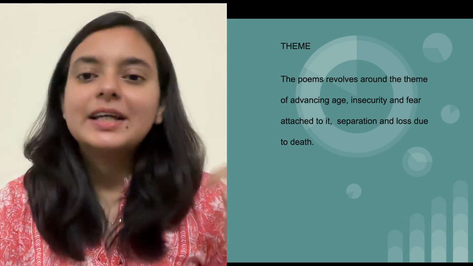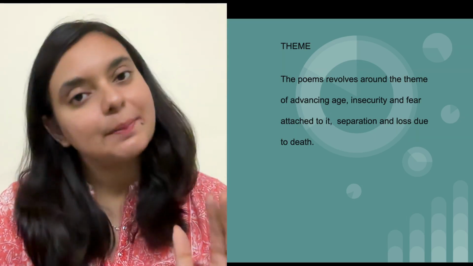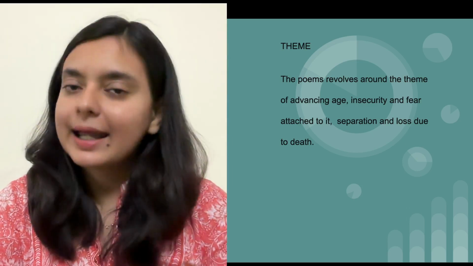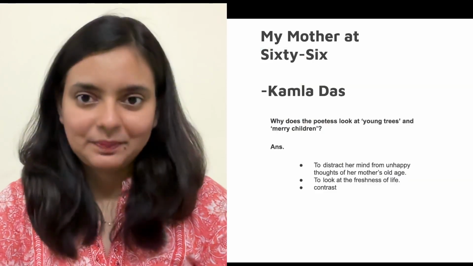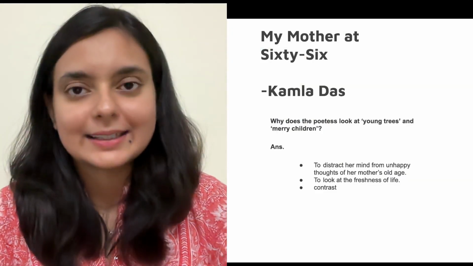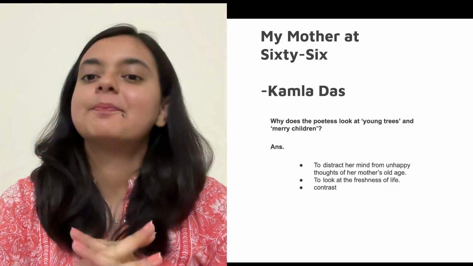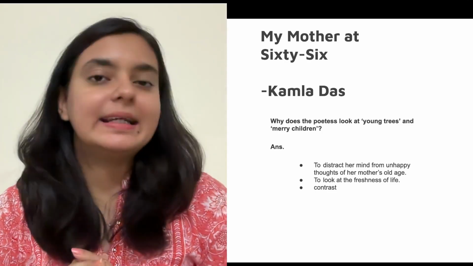So advancing age, insecurity and fear attached because of the advancing age, and separation and loss due to death, again it is related to the age, right? The first question that we have put up for you all is, why does the poetess look at young trees and merry children?